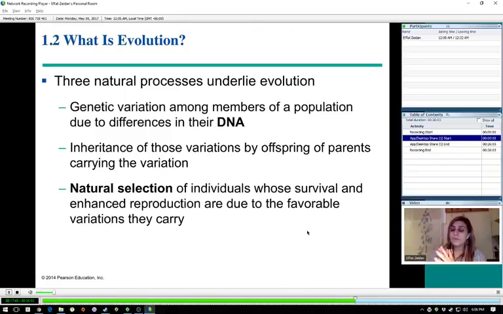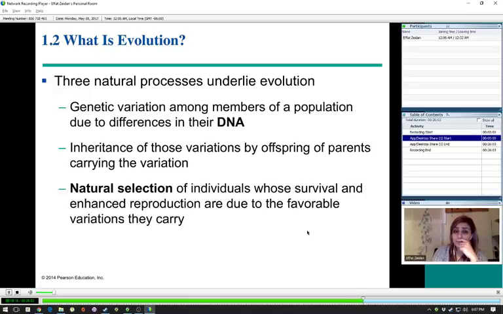And so then, in order for them to understand why this is happening, they said that there are three natural processes that underlie evolution. The first one is genetic variation among the members of the population. We've talked about that, how there's always genetic variation in the DNA because there are random combinations that might happen, and this is the first natural process.